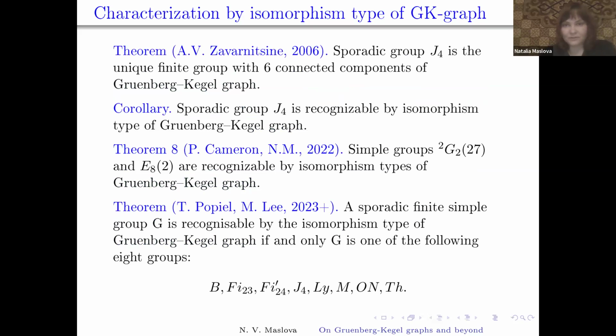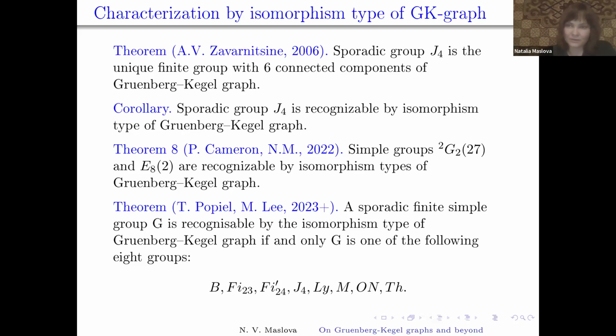The first result in this direction was obtained by Andrei Zavornitsyn 20 years ago. He has proved that the fourth Janko sporadic simple group is the unique finite group with exactly 6 connected components of its Gruenberg-Kegel graph.